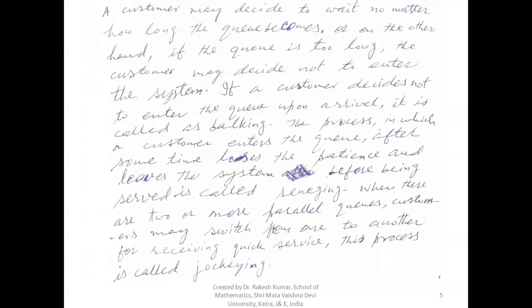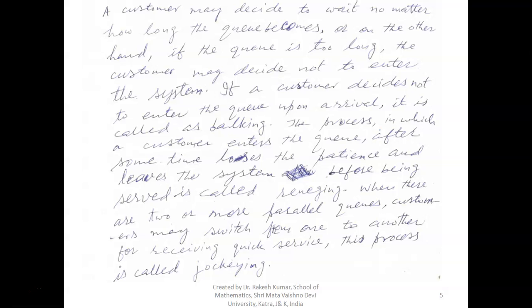But there are cases of impatience where a customer sees a long queue and decides not to join the system. This behavior of customers is known as balking, whereas in some cases customers join the queue, but after some time they become impatient and leave the queue before getting service. This behavior is known as reneging.